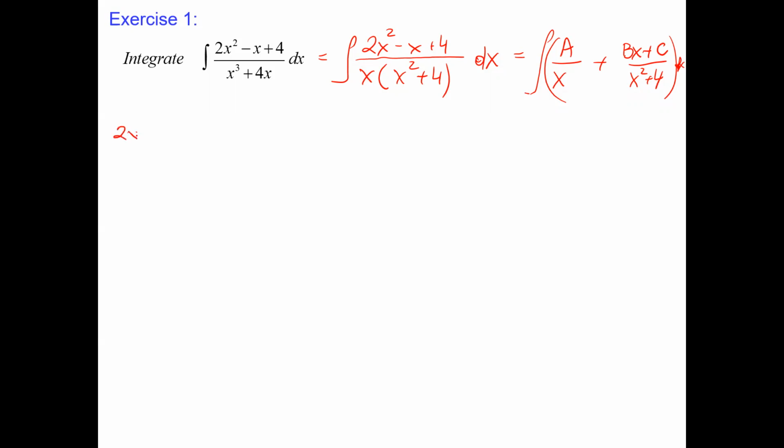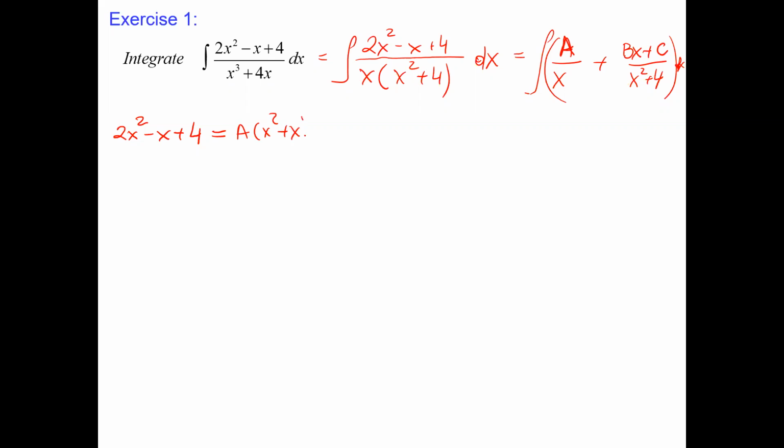We will copy the numerator 2x squared minus x plus 4, and I will create a new numerator using the sum of the partial fractions. If I combine this and create again the common denominator, which will match this one, I have to multiply the quantity a by x squared plus 4.